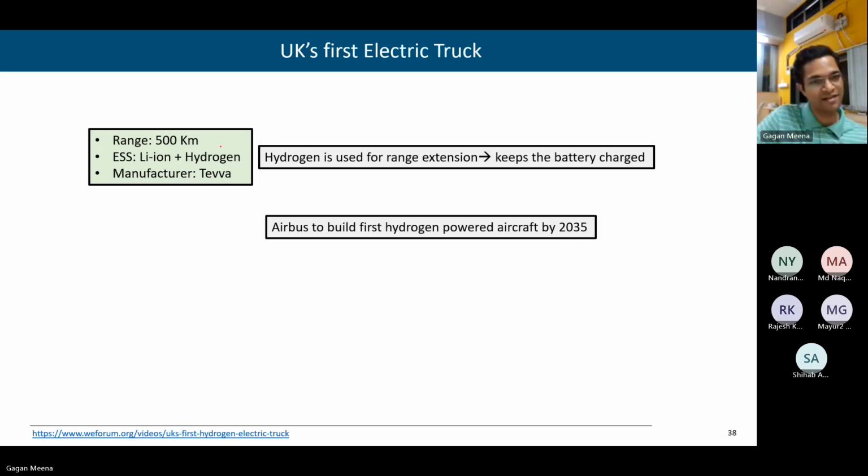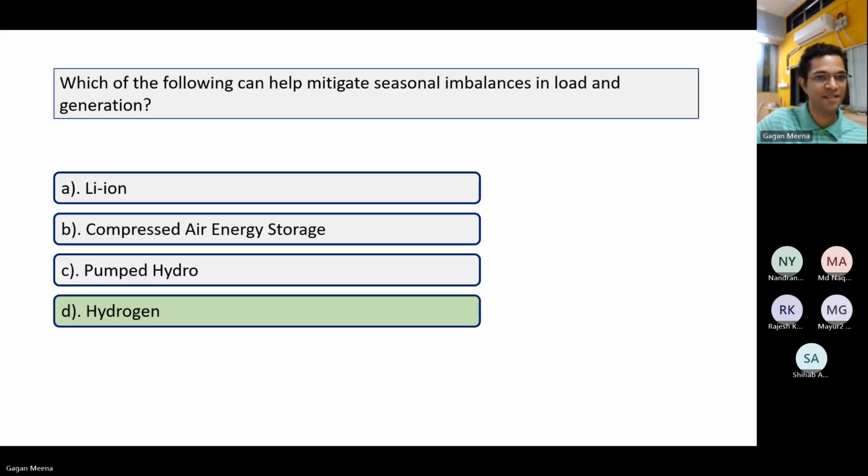It's a hybrid, so hydrogen is used for range extension and it keeps the battery. Airbus is also planning to bring hydrogen powered aircraft. This is done. So next question is, what does the capability curve of energy storage describe? Any idea?